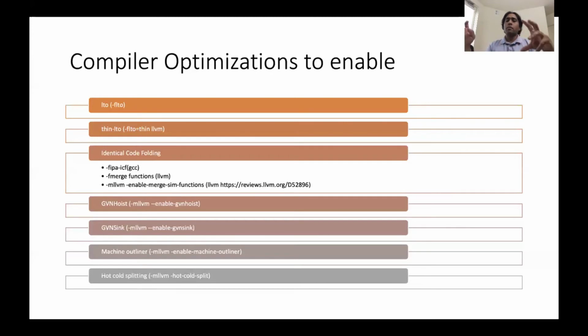By outlining them, it actually improves the performance of the original function. But when we outline the cold pieces, it is likely that similar cold pieces are available in other functions as well, and they can be deduplicated by optimizations like merge function or identical code folding. The last four optimizations I talked about are only available in LLVM.